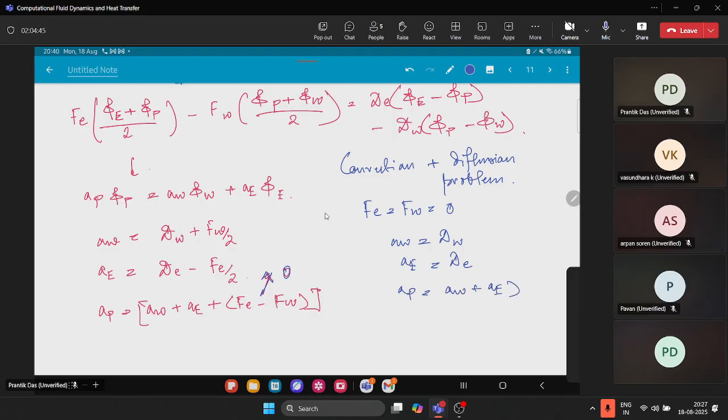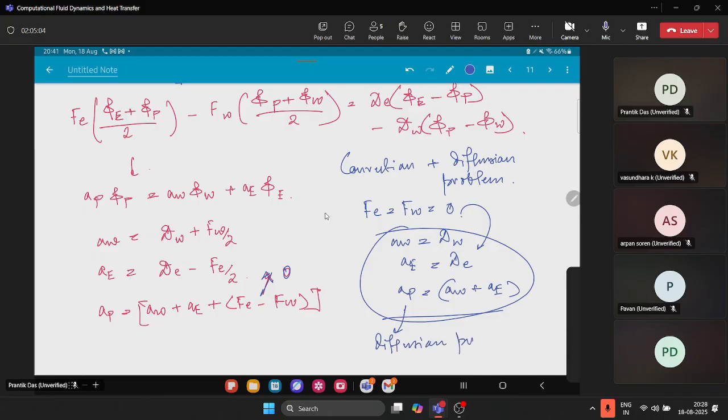This equation I'm solving for the interior cell centroid itself. If you go back, you will see that this is the diffusion problem. So if I make the flow velocity 0, this reduces to a diffusion problem.